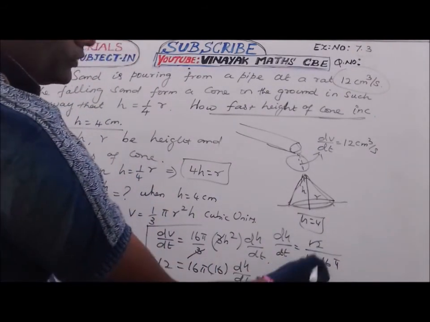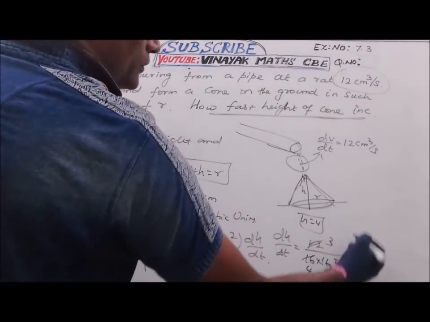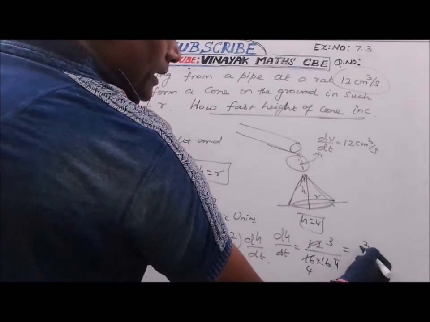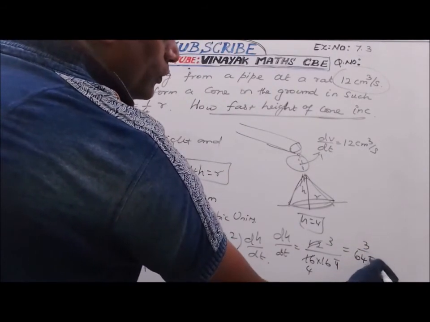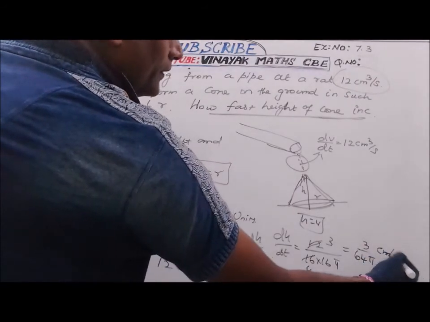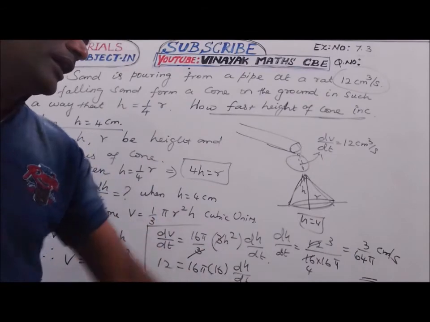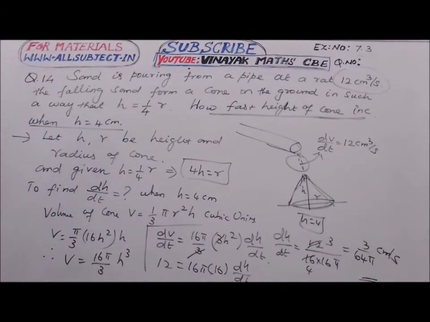Cancel these, 3 times, 4 times, which is equal to 3 by 64 pi. The unit is centimeter per second. So the rate of change of height is 3 by 64 pi centimeter per second.